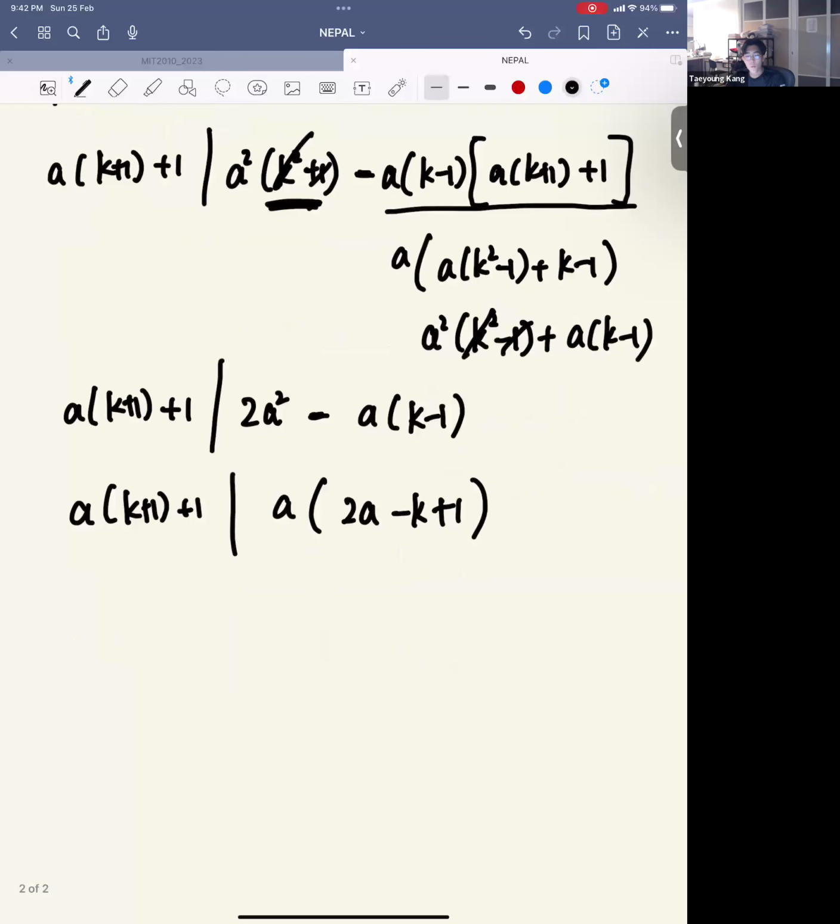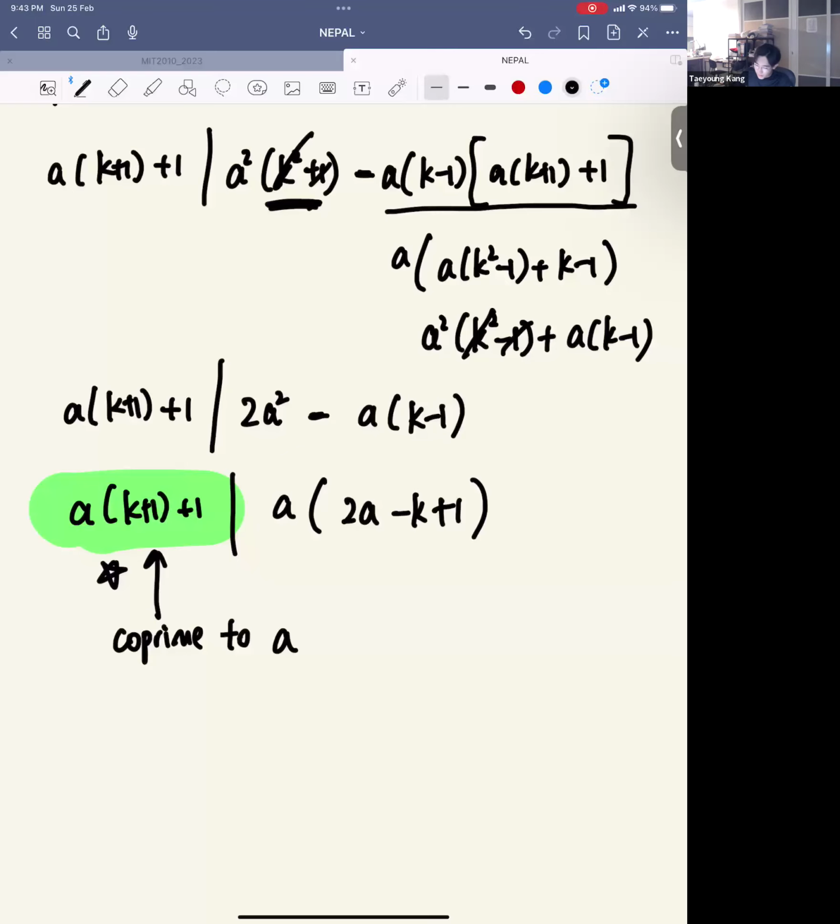But then what's a key observation right now? The key observation is that this thing here is coprime to A. Do you guys get why it's coprime to A? It's because it is a multiple of A plus 1.